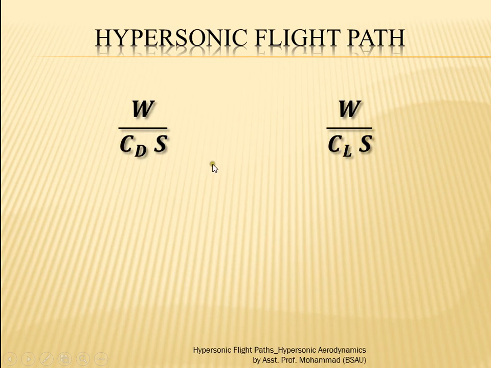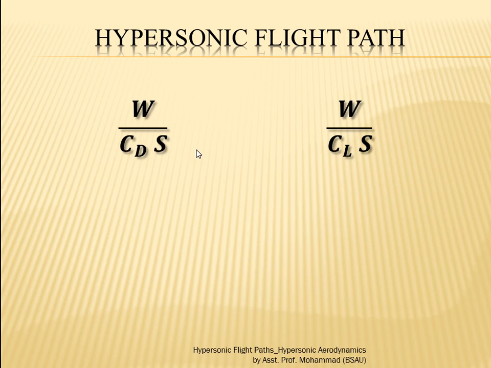If you recall, while talking about various types of vehicles flying in the hypersonic regime, we talked about two design parameters. One is the ballistic parameter, and the other is the lifting parameter. The ballistic parameter is found by writing the momentum equation in the flight path direction, and the lifting parameter is found by writing the same momentum equation along the perpendicular to the flight path direction.